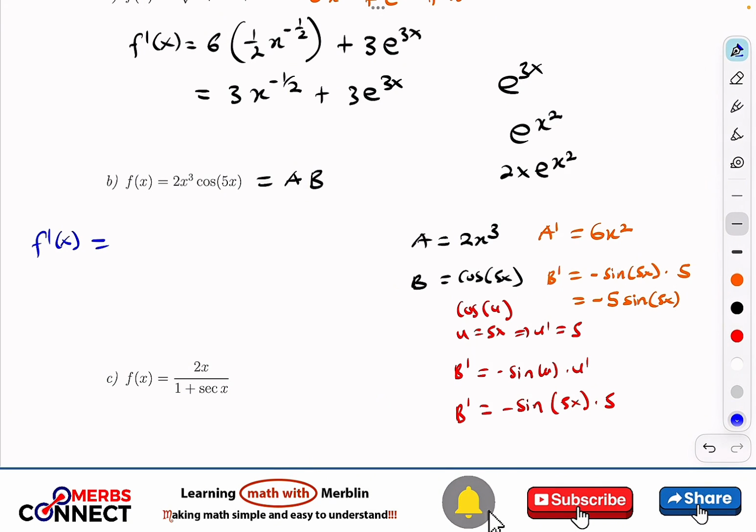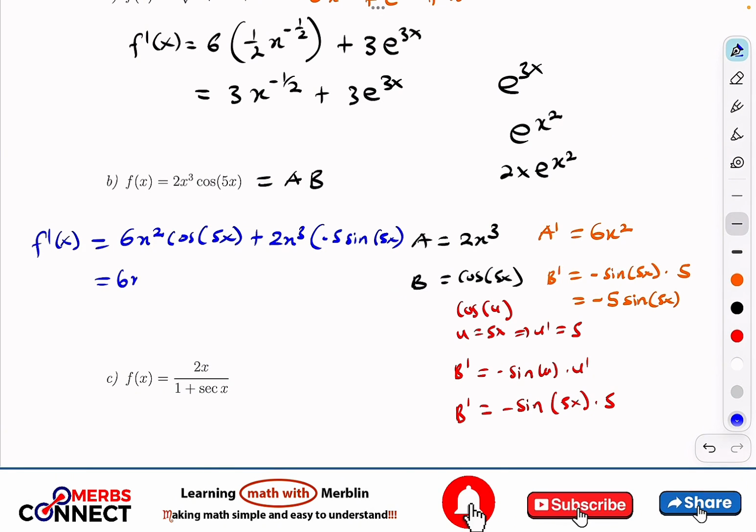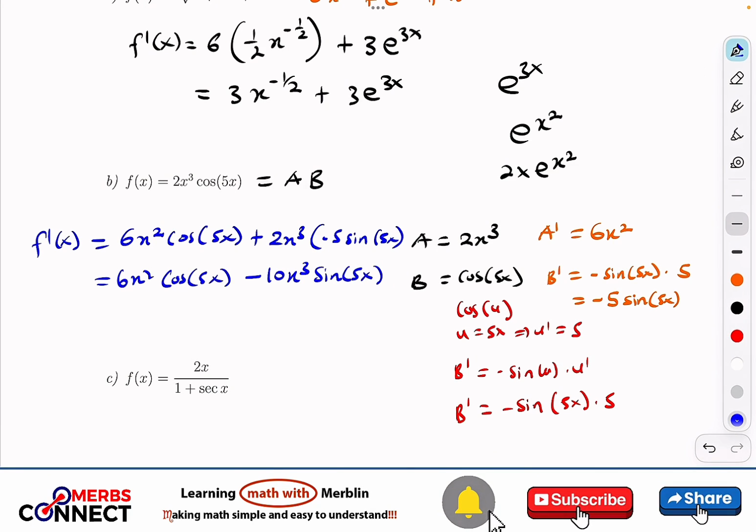I'm going to have this times this, which gives us 6x squared cos of 5x, plus 2x cubed times minus 5 sine of 5x. I can simplify the last one here, and have cos of 5x, then this will be minus 10x cubed sine of 5x. So that's what I'm going to get.